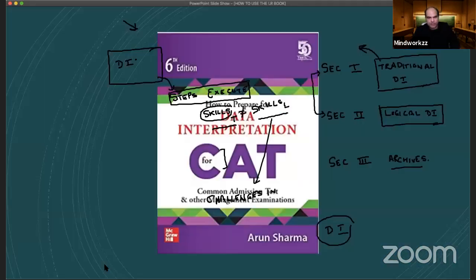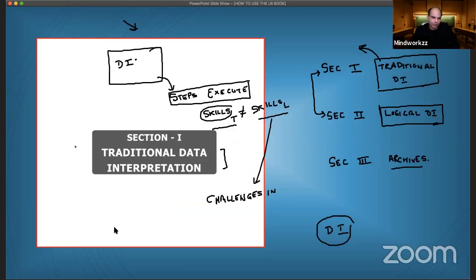We are now in the 6th edition. I'm talking about the 5th edition, the 4th edition, and before that. I had created a section called challenges in DI, which had around 100 sets. Starting it had 80 sets, later I expanded it to 100-120 sets.